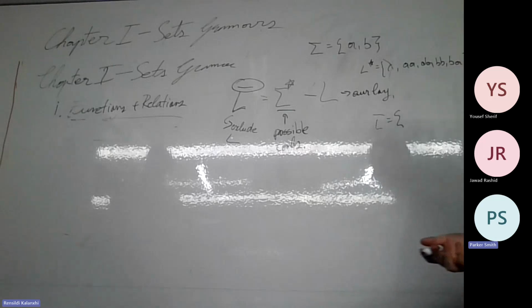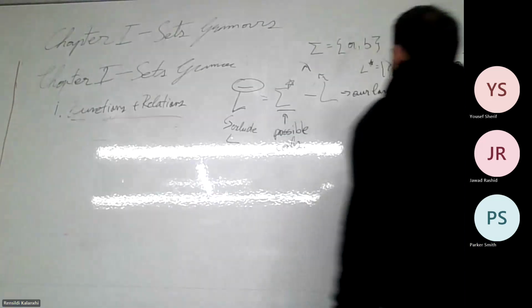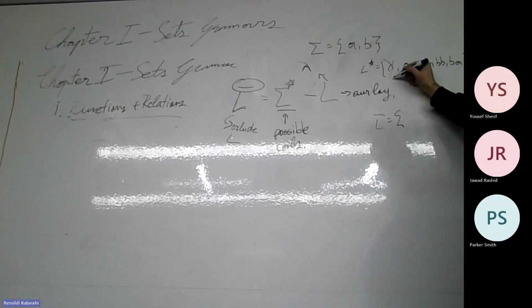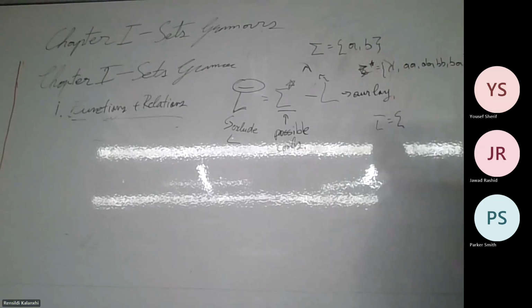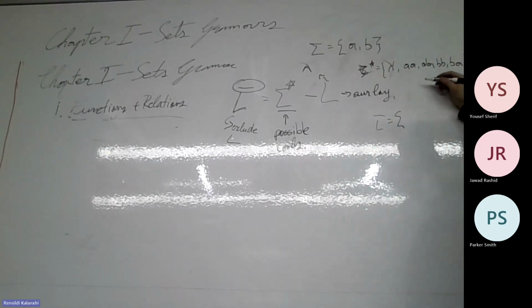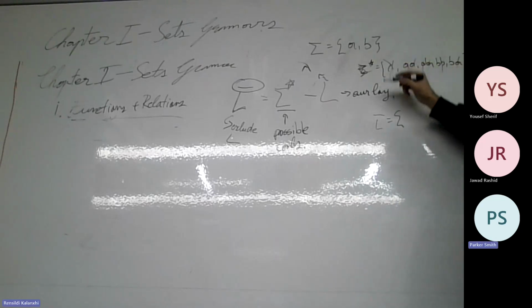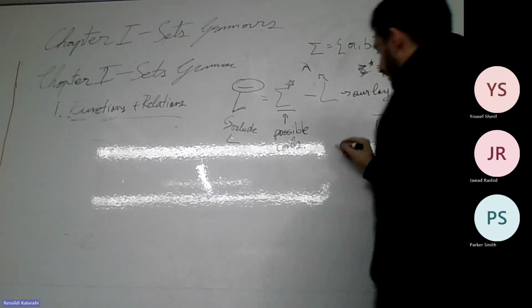So if the language contains lambda, then it will just subtract the lambda from the sigma star, and I think it will subtract an A or something like this and then a B. But it's basically just anything that's not in the language.